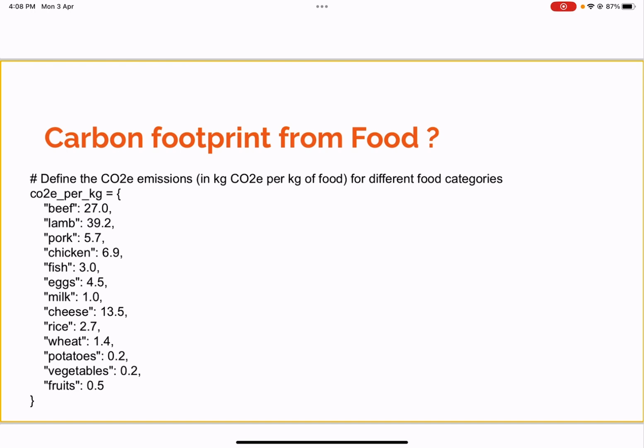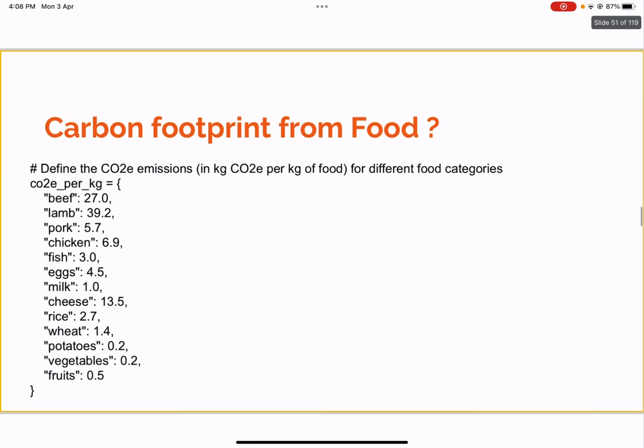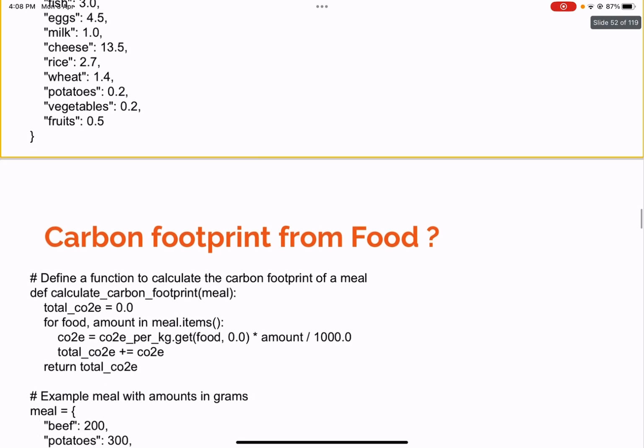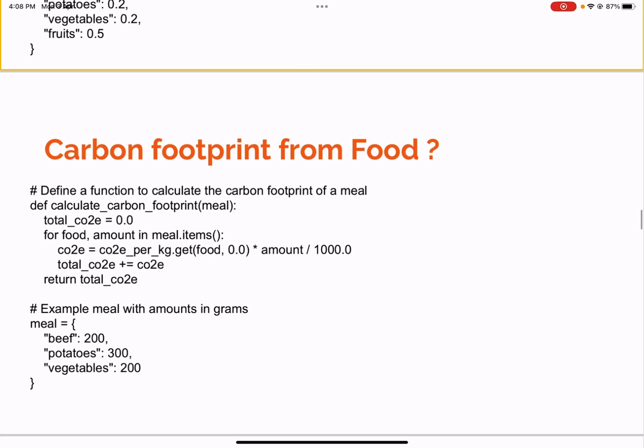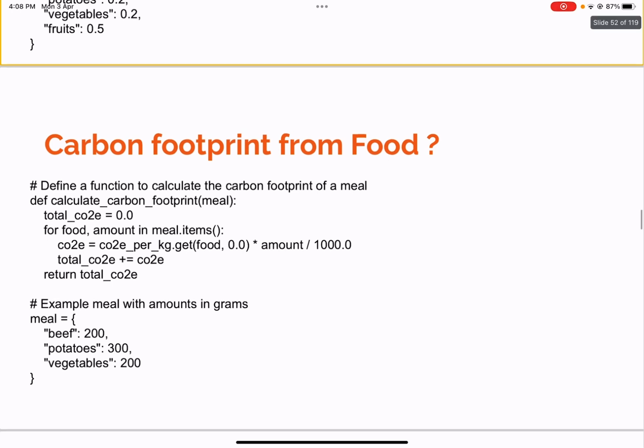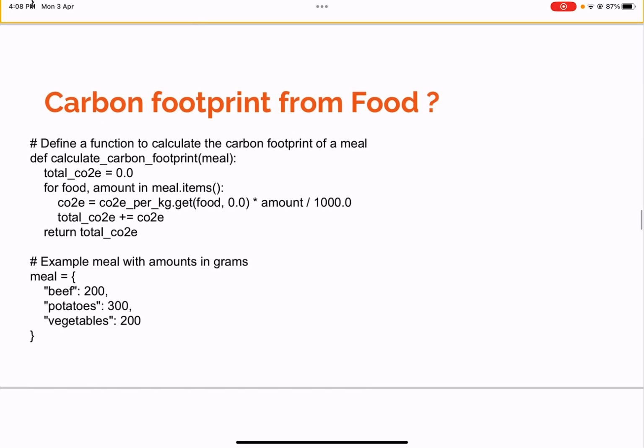Okay. Once you define that, then the next thing is we should give the command as to what is to be done. So the command is you need to define a function to calculate the carbon footprint for a meal, right? So this carbon footprint is basically we would be calculating for a meal.